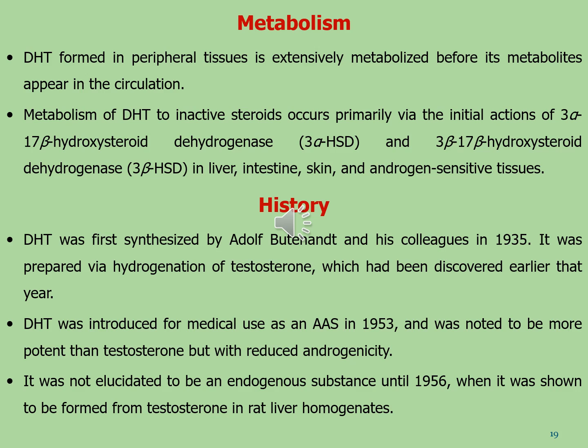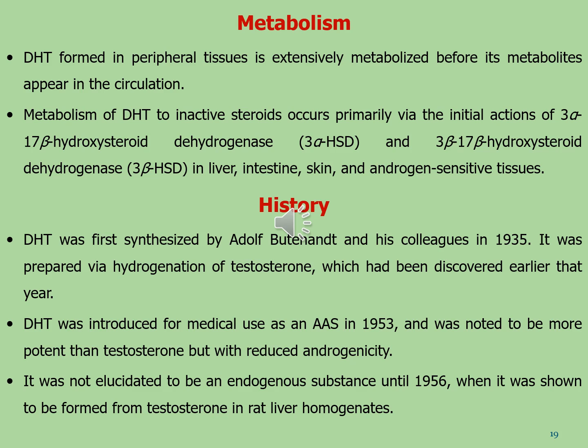When we see the history of DHT, it was observed that dihydrotestosterone was first synthesized by Adolf Butenandt and his colleagues in 1935. It was prepared via hydrogenation of testosterone, which had been discovered earlier that year.